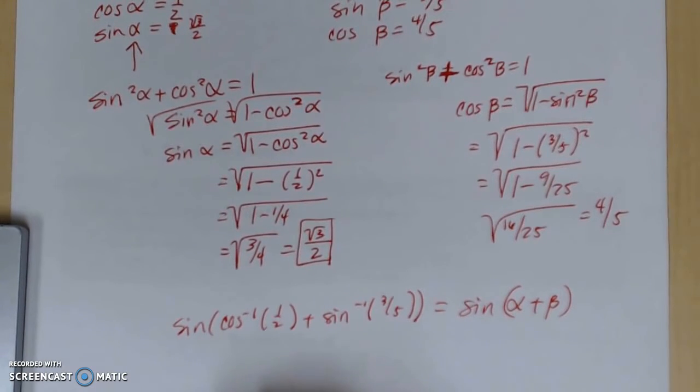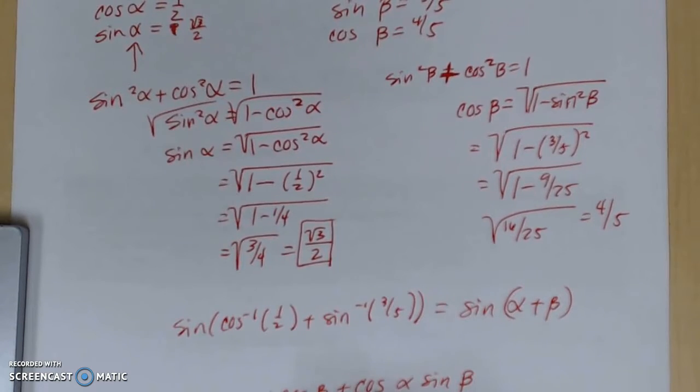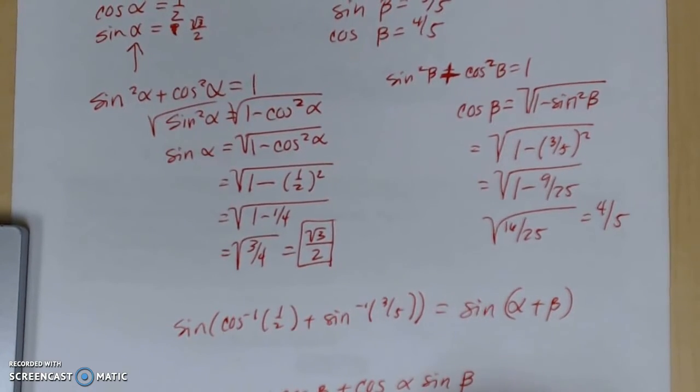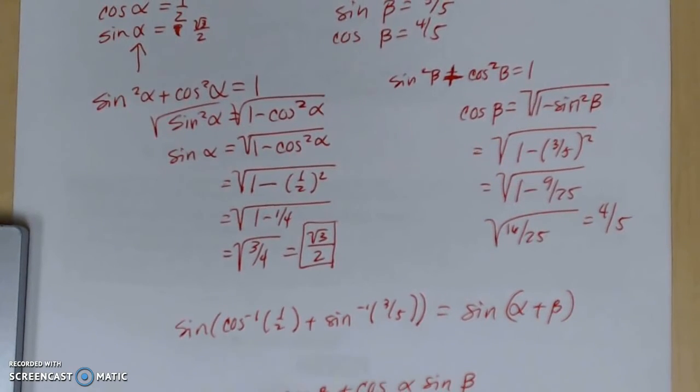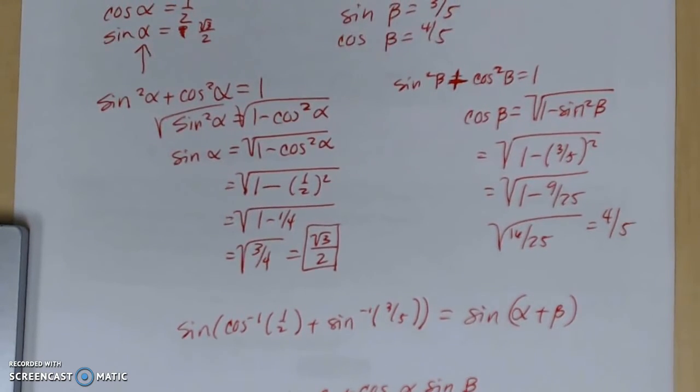So that means I'm looking at sine of alpha cosine beta plus cosine alpha sine beta by my identity. Plug in all four values that I know, so square root of 3 over 2, and this is all from above, 4/5, 1/2, 3/5. This simplifies out to 4 square roots of 3 plus 3 over 10.